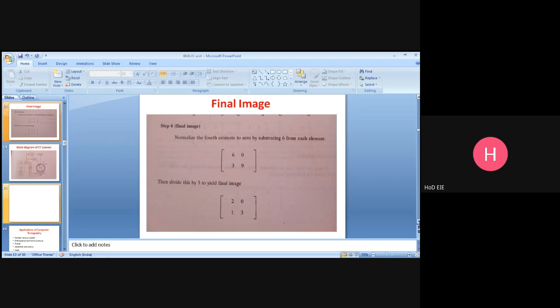We have to arrive at your final image. What you are doing is normalizing your fourth estimate to 0 by subtracting 6 from each element.